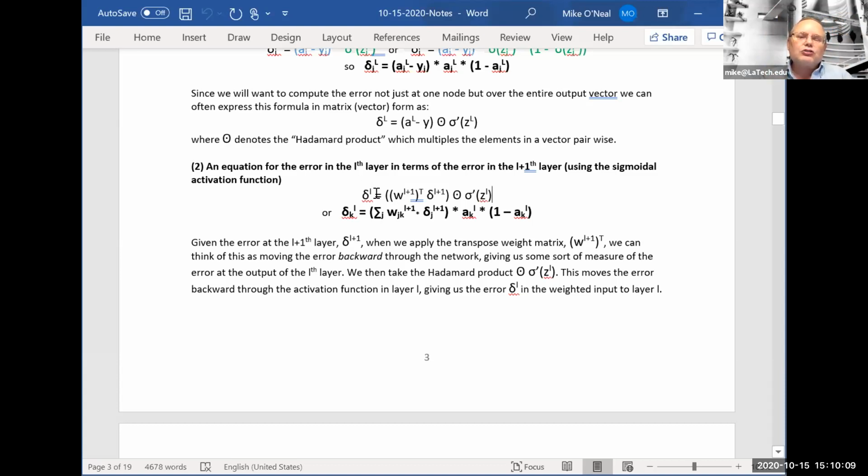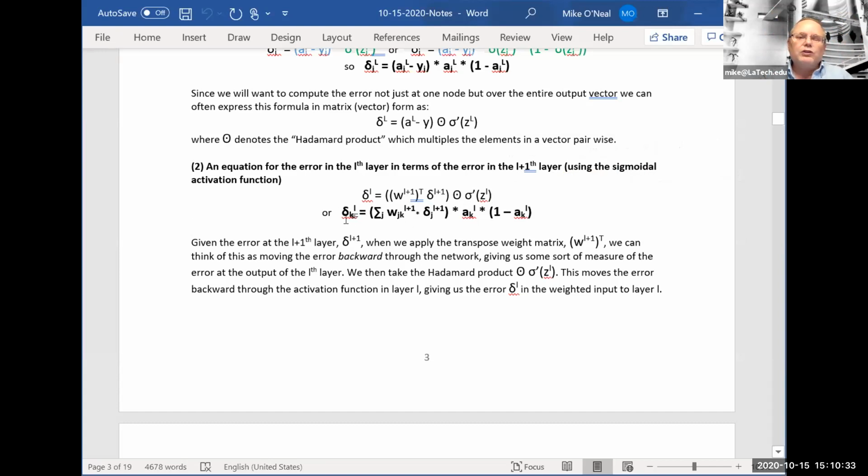So essentially the error, this is again when you're taking everything all together, right? But we're going to be computing it one at a time. So if we had a subscript of K, we would be going through all K of the nodes in a particular layer.